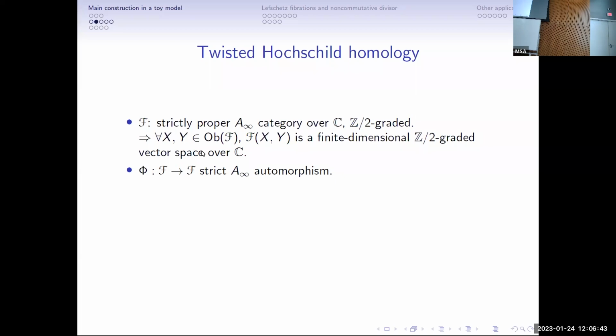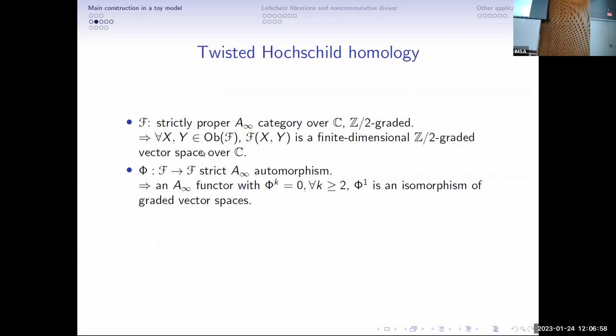As a counterpart of the symplectic automorphism on the category, we are considering strict A-infinity automorphisms. I'll use the same letter phi, capitalized, to denote such a map. So what does it mean? It means that it's an A-infinity functor. It's strict in the sense that all the higher maps, namely phi k with k at least 2, all vanish.